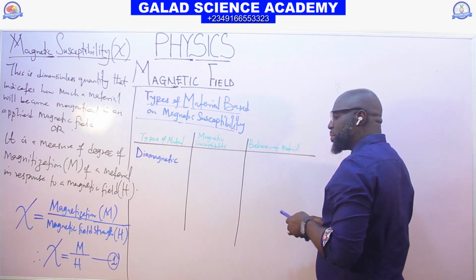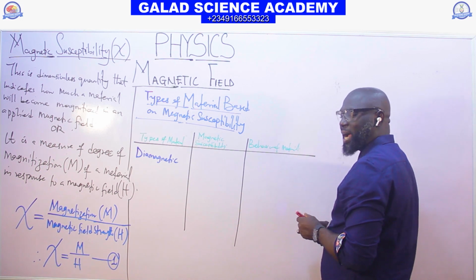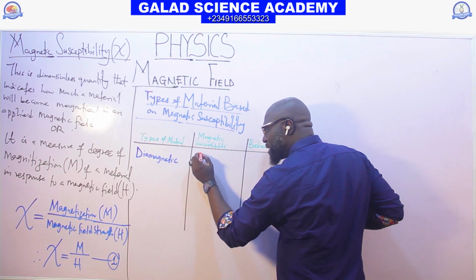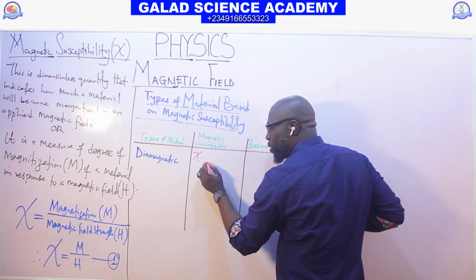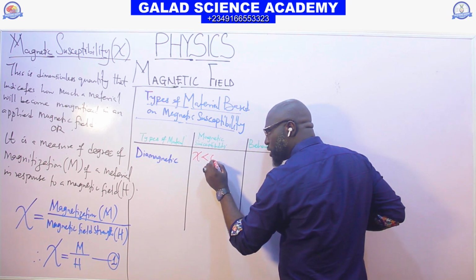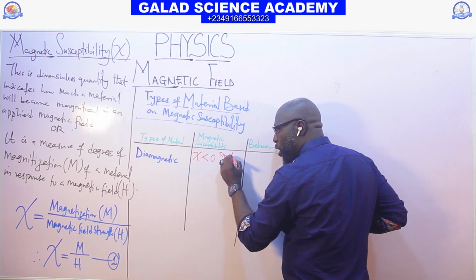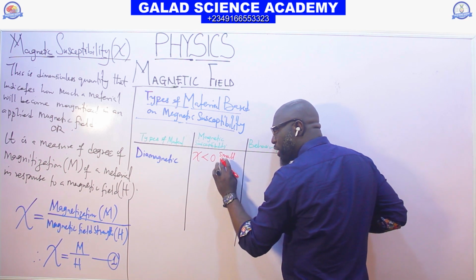For diamagnetic material, the magnetic susceptibility is always less than 0, small or negative.